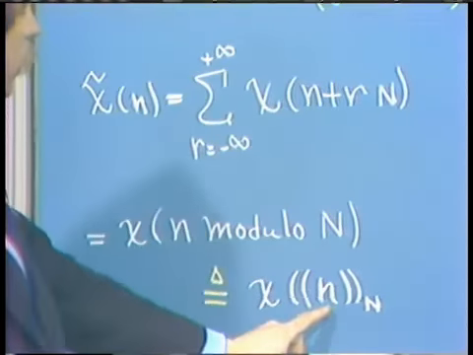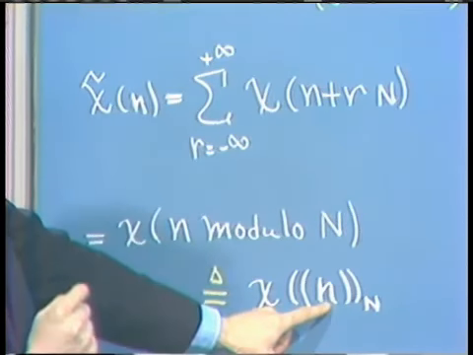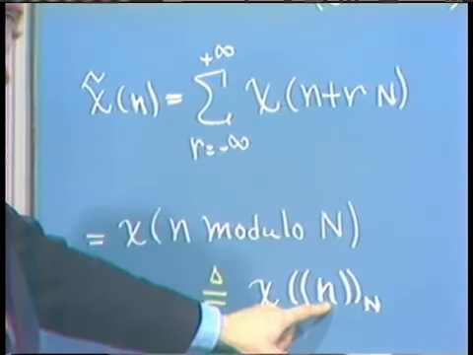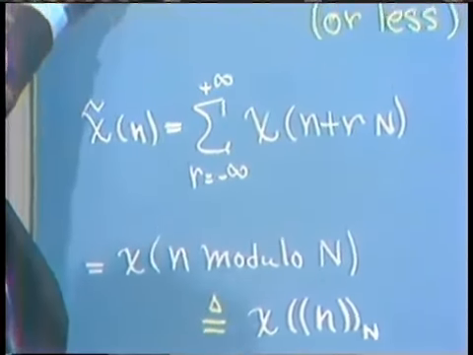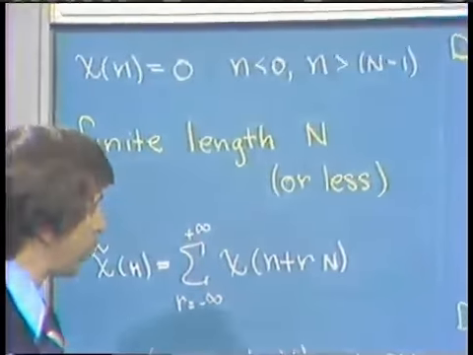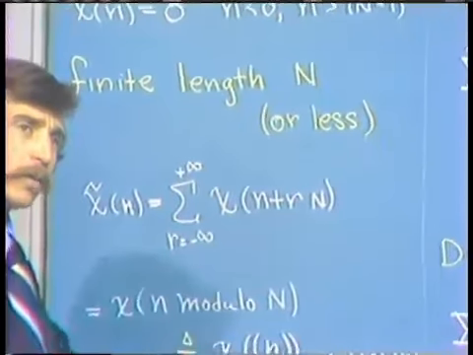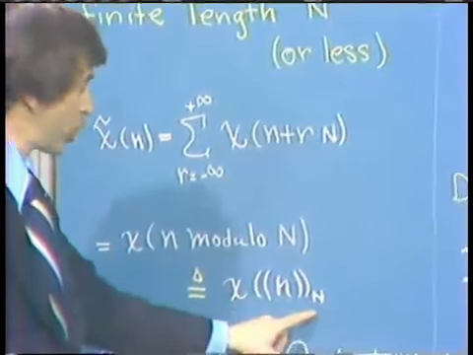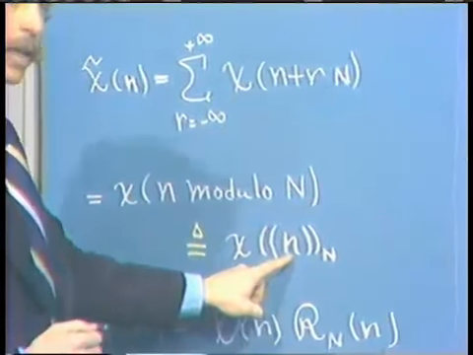So you can see then that as little n varies over the interval 0 to capital N minus 1, we see the finite length sequence x of n. As little n is equal to capital N, taken modulo capital N, it is 0. So we'll see x of 0 back again.